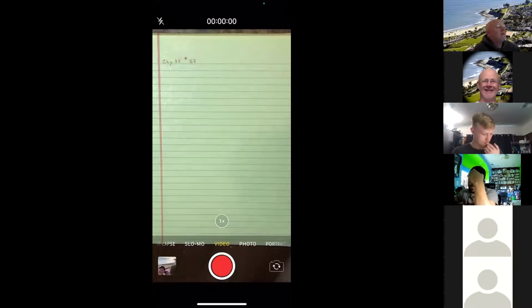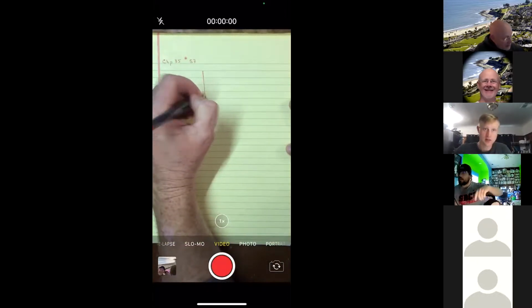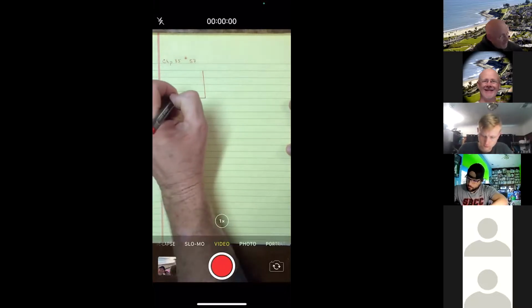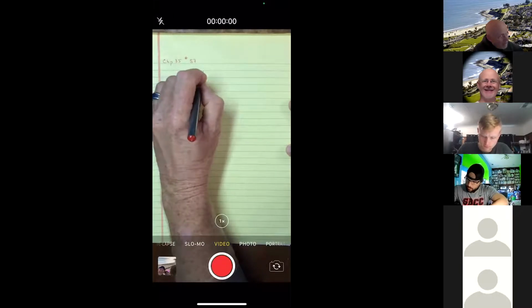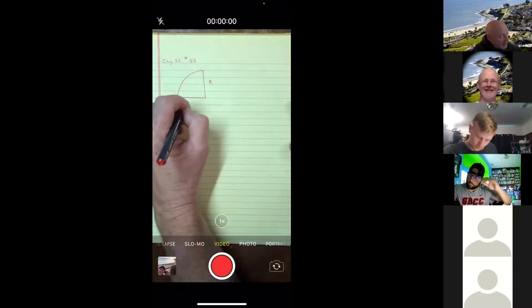So 57 says a material has an index of refraction n, is surrounded by a vacuum, so index of 1, and is in the shape of a quarter circle with radius r. So they've got a nice little picture of a quarter circle. Looks something like that. There's a radius of r.